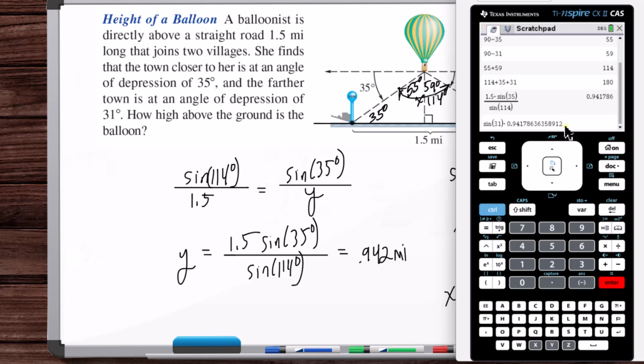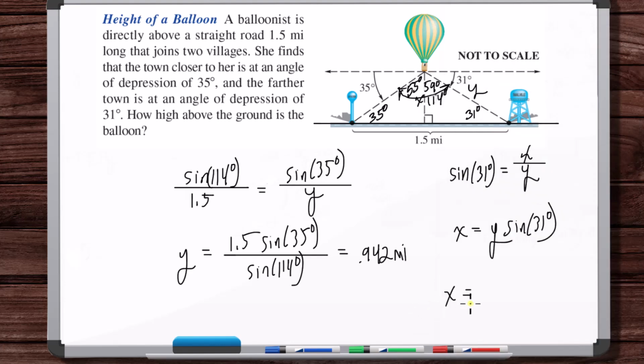And you see it carries all those decimals, which is nice. Now we're at the end of the problem, so we can go ahead and round it. You want to carry as many decimals as you possibly can with your computer or whatever, and round at the end. So x is the height. That's 0.49 miles, about a half of a mile above the ground.